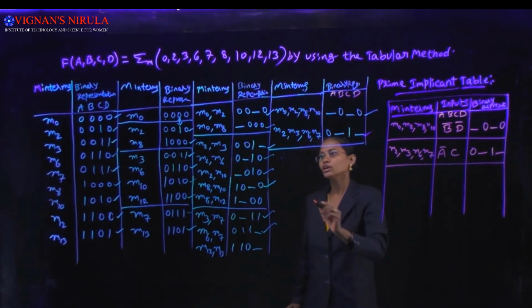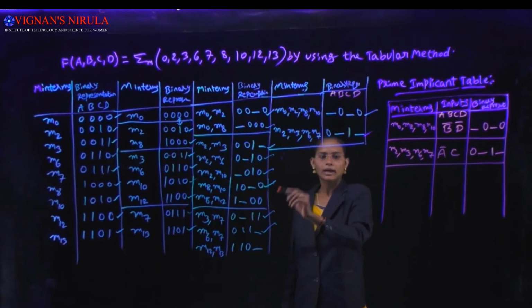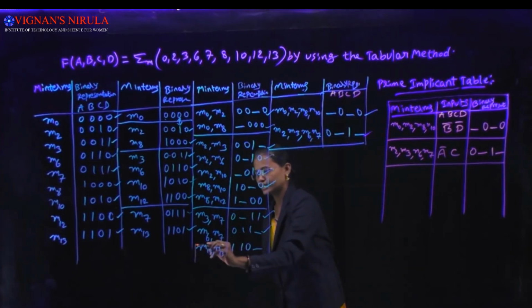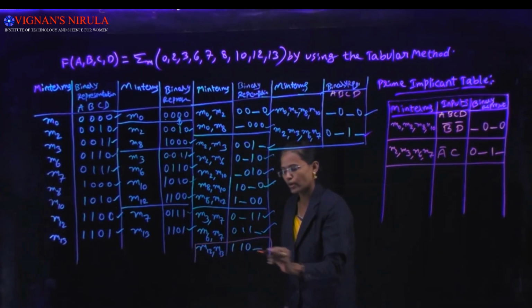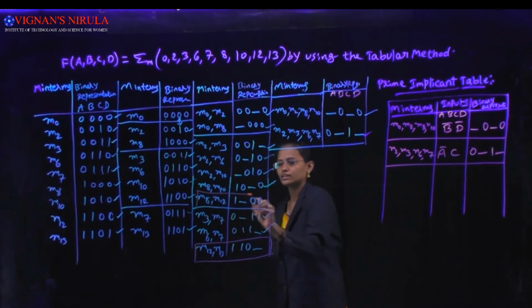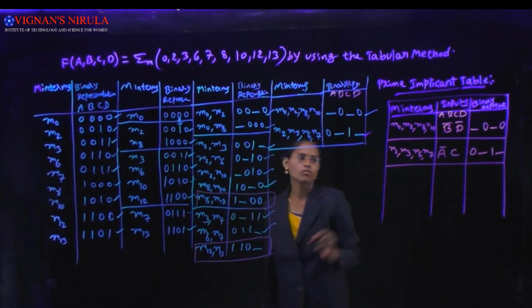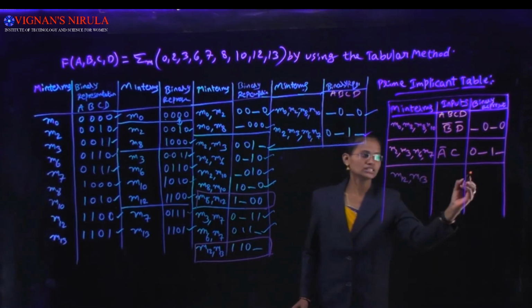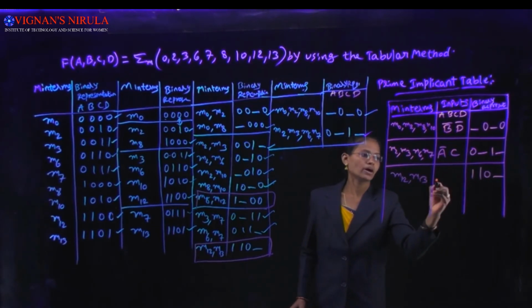And next write down the min terms that don't match any group, M12 and M13, and next M8 and M12. First write down M12 and M13. The binary representation is 110 dash, that is A, B, C bar.